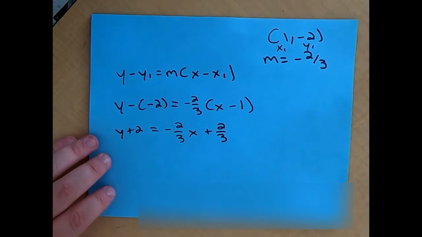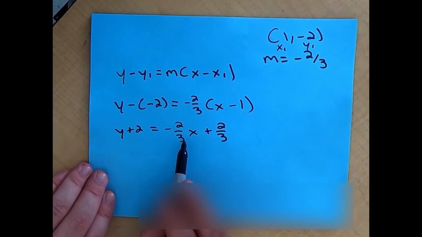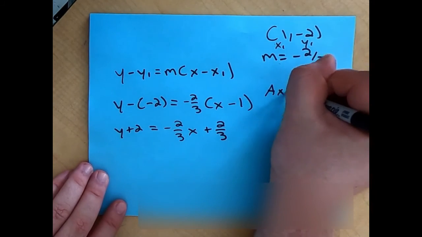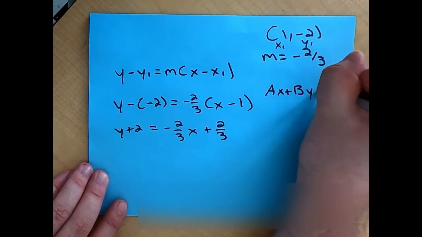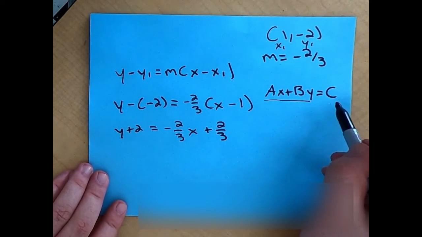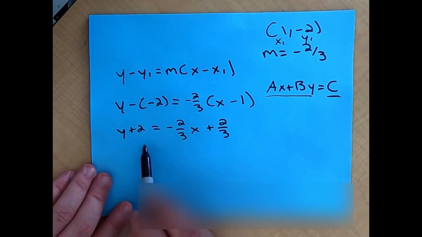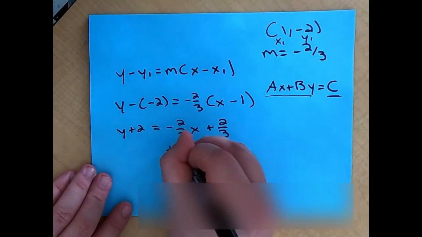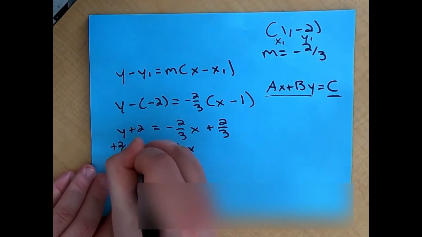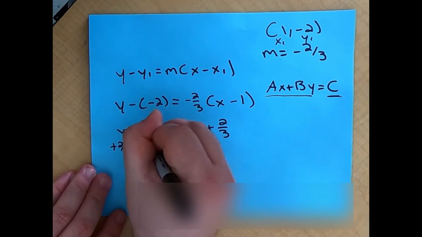Alright. Now I'm writing it in standard form, right? So standard form is ax plus by equals c. So I need all my variables on one side, all my constants on the other. So I'm going to add my 2/3 x over. And then I'm going to subtract my 2.